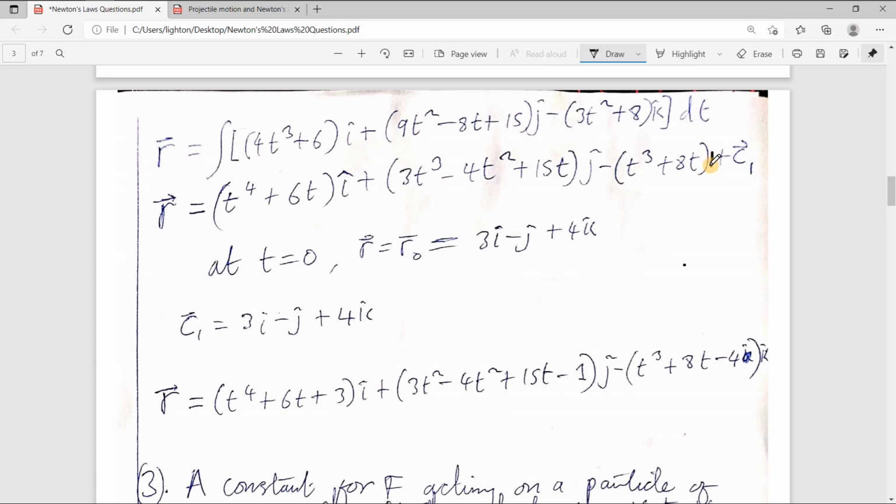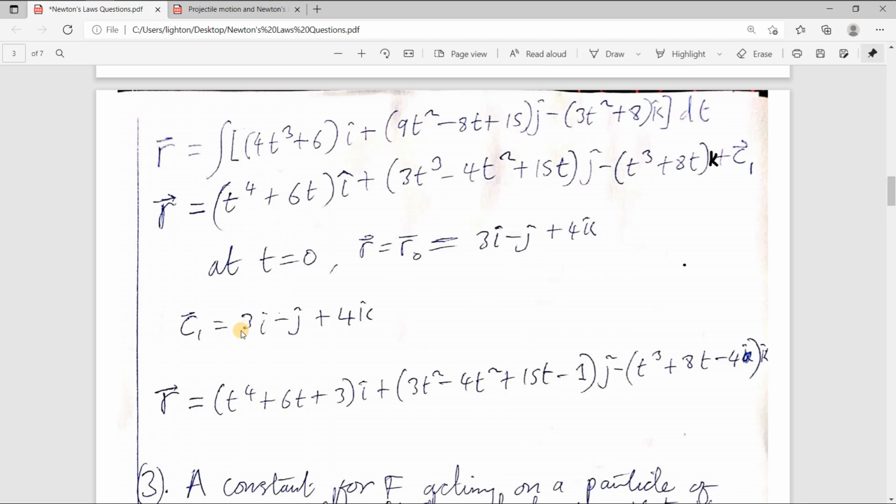So this should be with a k hat like that. So these are the terms in the basis vector k hat, in the direction of k hat.